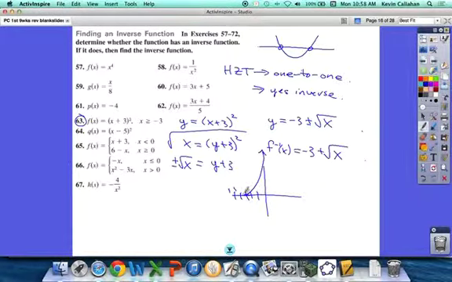But by limiting it just to the right half of the parabola, now it passes the horizontal line test. When I do this, that was going to give me something that looked like this. 1, 2, 3. It would go up like that. That's the positive branch. And then down would have been the negative branch. But then that wouldn't be a function. So it couldn't be a part of the inverse. So it just has to be the positive half, the plus, not the minus.